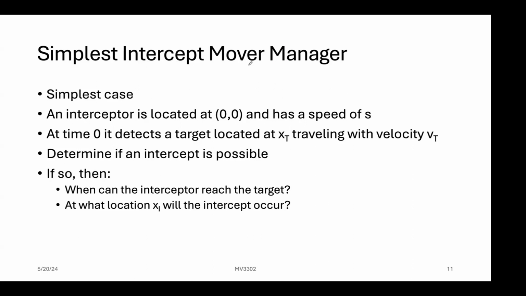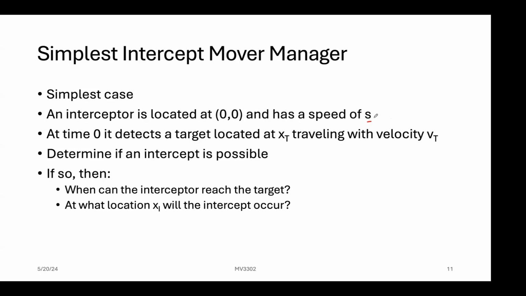So we detected a target, and what we want to do is intercept it. So what might that be? Again, we're looking at the simplest case. Our interceptor is located at the origin and has a given speed.